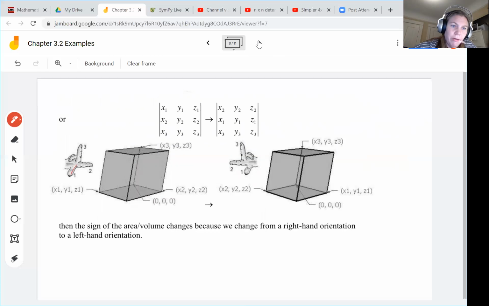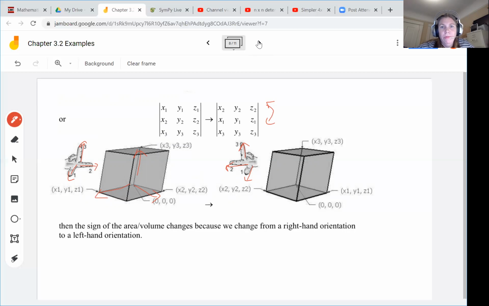You've got 1, 2, 3 corresponding with x1, y1, z1, x2, y2, z2, and x3, y3, z3. And then if you rotate through, so here we're swapping rows 1 and 2, you can see how the orientation changes with your hand. In physics class, sometimes we use these finger swaps to do calculations to help us think about which way things swap and go.